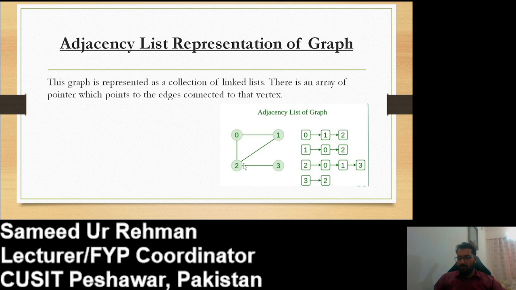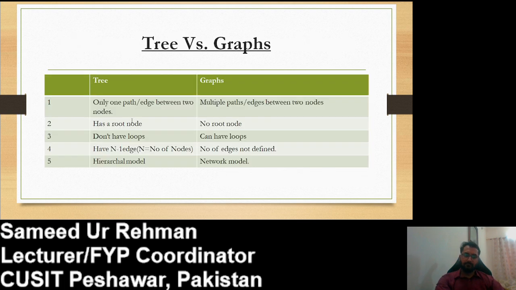From 2: 0, 1, and 3. From 3, we have direct access only to 2. So we can represent the graph in the form of an adjacency list. These two are the most common ways of representing a graph.